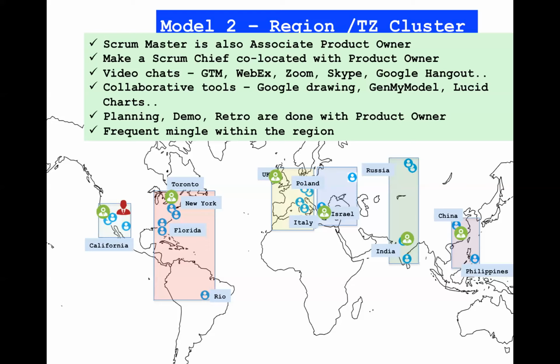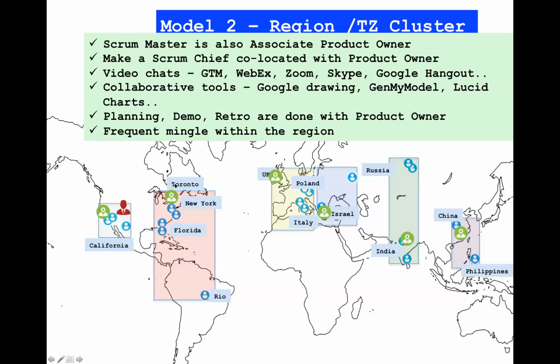Also, it's important to mingle frequently. So whoever is in the same region, like for example, these folks who are on the eastern coast of the US, that East Coast US team, Florida folks can travel to New York sometimes. Somebody who's in Rio can travel to Florida or New York.